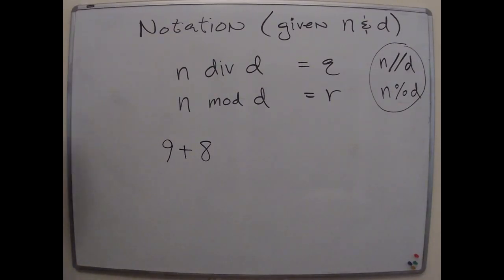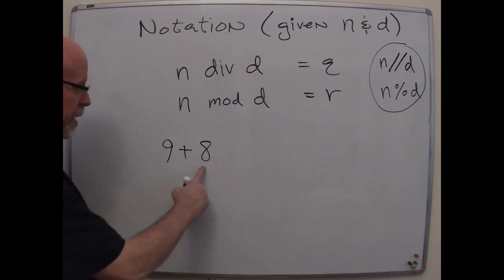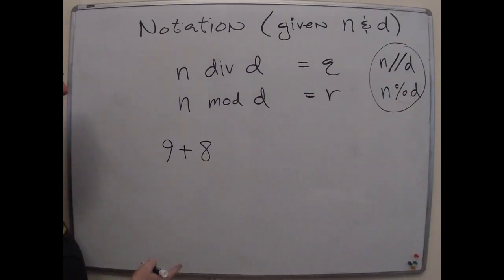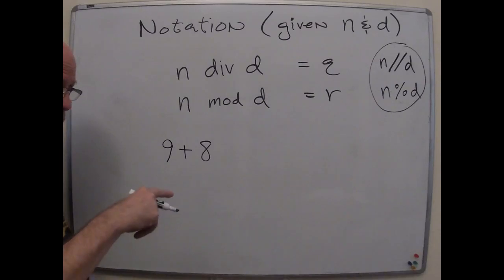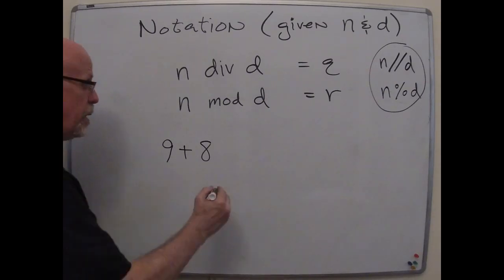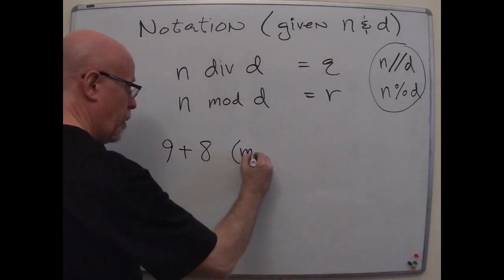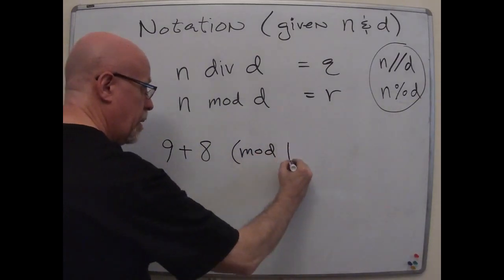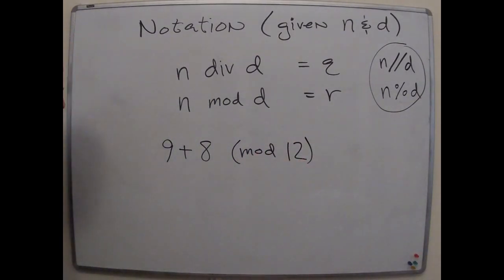And 9 plus 8, of course, I can add 9 and 8 and I get 17, which is not useful because clock time, unless you're in the military, only goes on a cycle of length 12. So what you need to do to compute this in civilian life is to write 9 plus 8 mod 12.